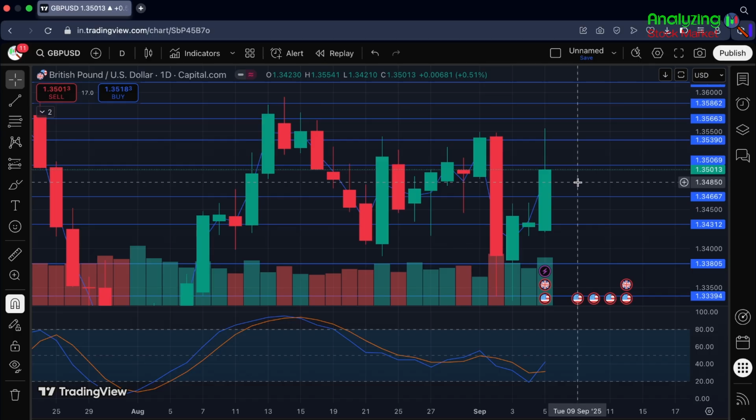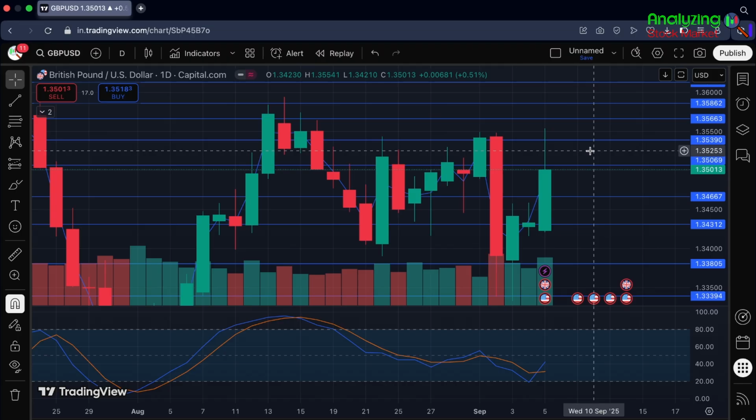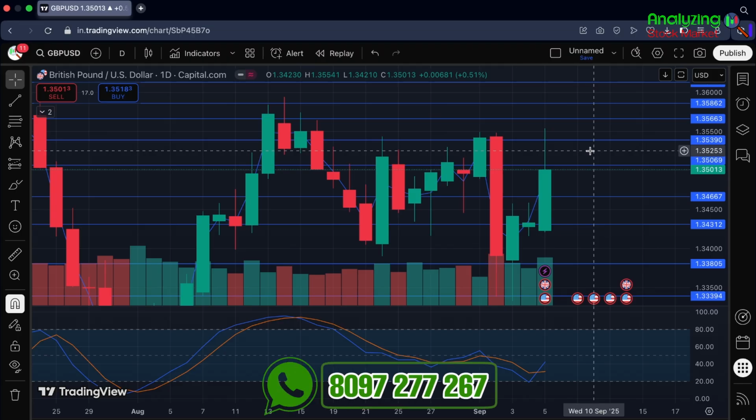So let's now talk about my opinion on GBP USD for this week. According to the previous week closing, I'm expecting a positive closing that is around 1.35069 to 1.35390. Also, if you are looking for any short trade, then only look for a short trade when 1.34667 gets breached and a one-day candle gets closed below this.